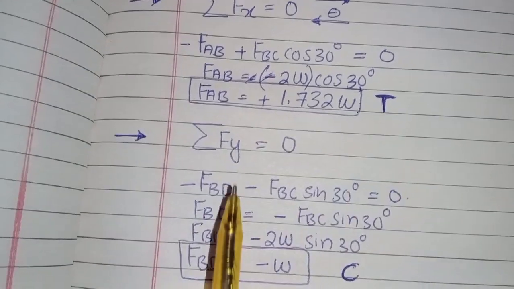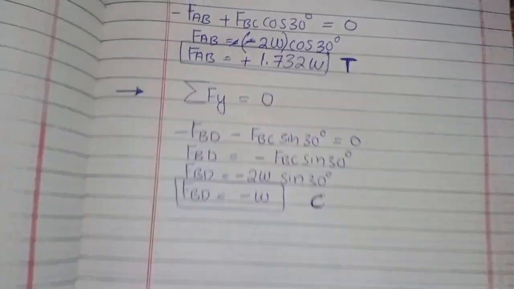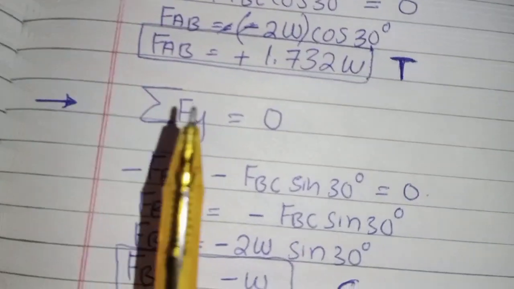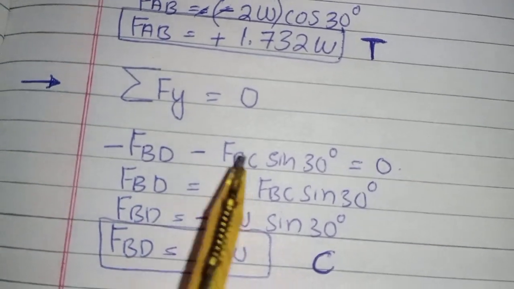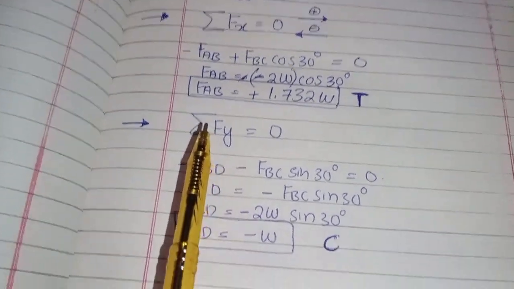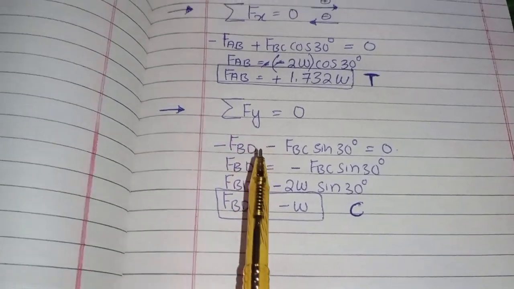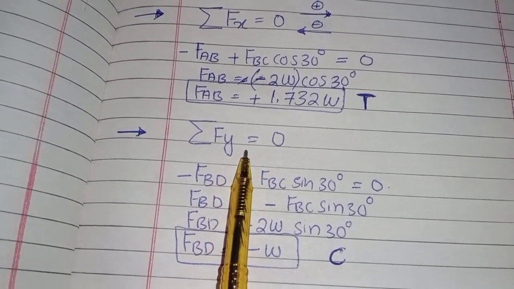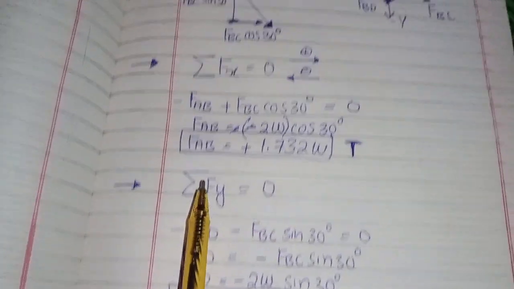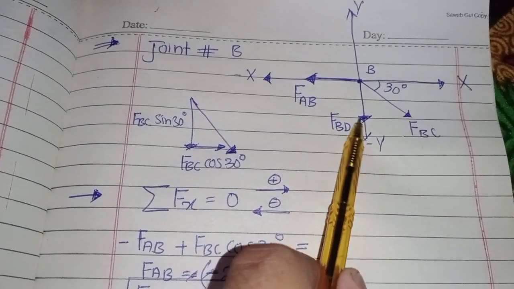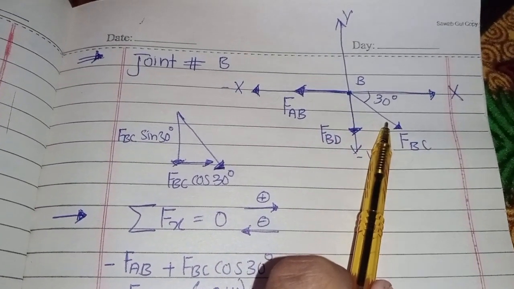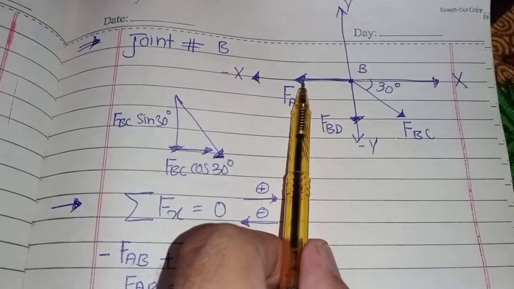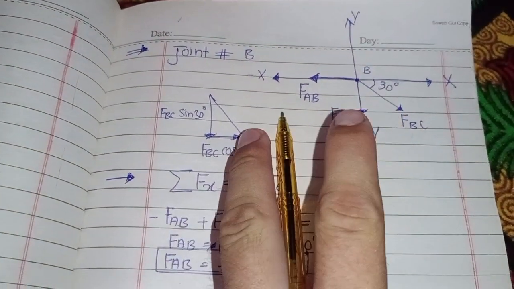It is in tension. The other equation of equilibrium is summation of all forces in the y direction, or vertical forces, equal to 0. The vertical forces are FBD and the component of FBC, and there are only these two forces.